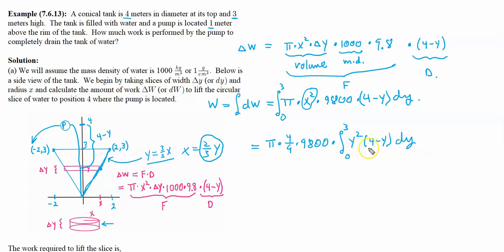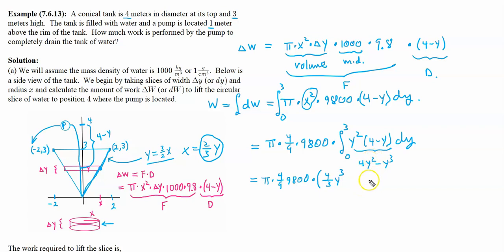Okay, now this you can simplify pretty easily, so what we're going to get here is pi times 4/9 times 9800 times this right here. In order to integrate it, you can write it as 4y squared minus y cubed, and then the antiderivative of this, let's see, the antiderivative of y squared is going to be y cubed over 3, so we're going to have times 4/3 y cubed.